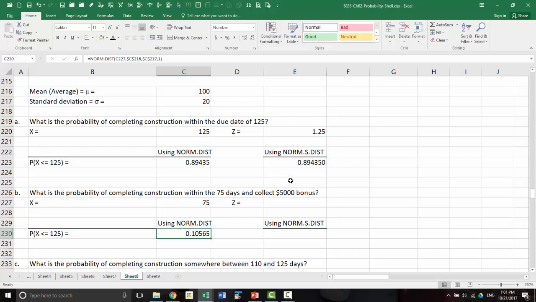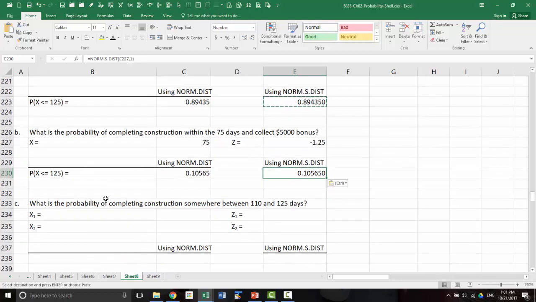And again, if you compute z, copy that down here. So you see it is negative, but it doesn't matter. You don't need to worry about dropping the negative sign or anything. So that's why Excel functions are a lot easier to use. So z and comma 1. So that's your cumulative probability.